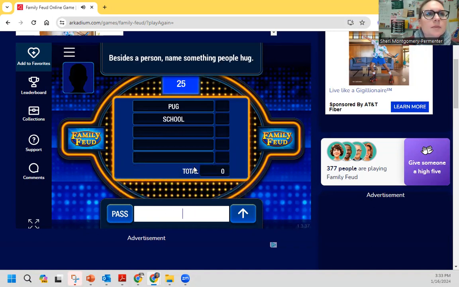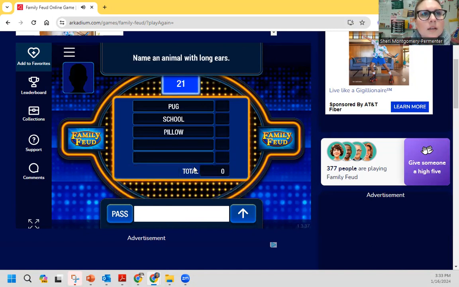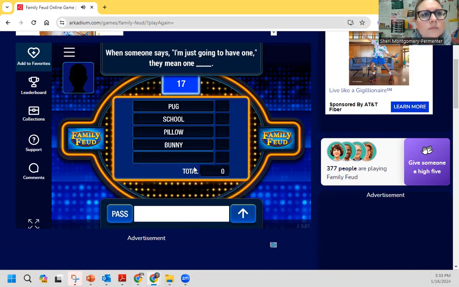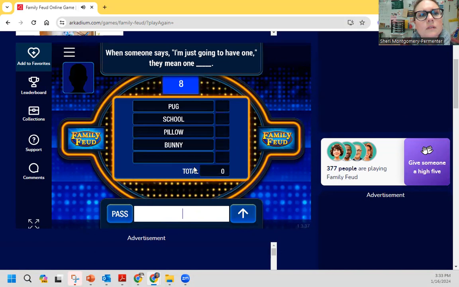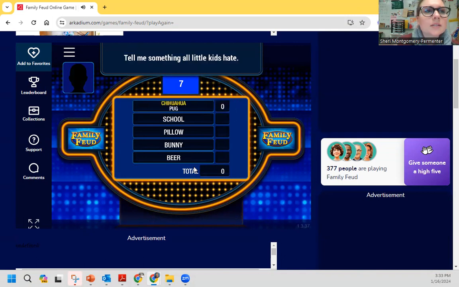Besides a person, name something people hug. Name an animal with long ears. When someone says, I'm just going to have one, they mean beer. I was going to put Chihuahua, I just didn't want to spell that.